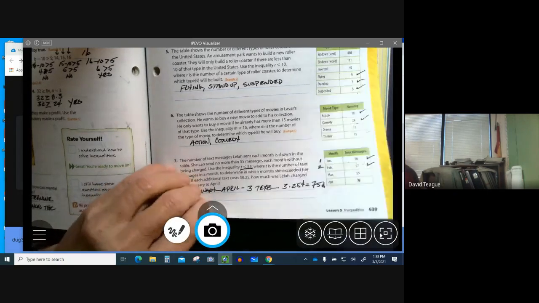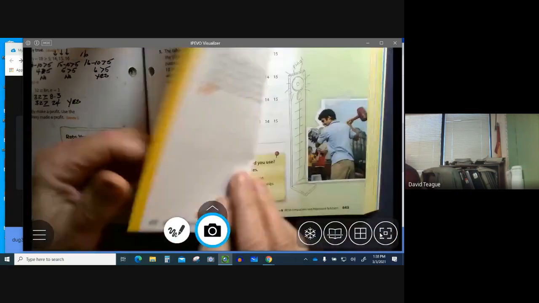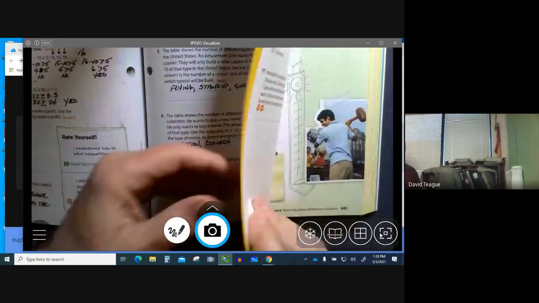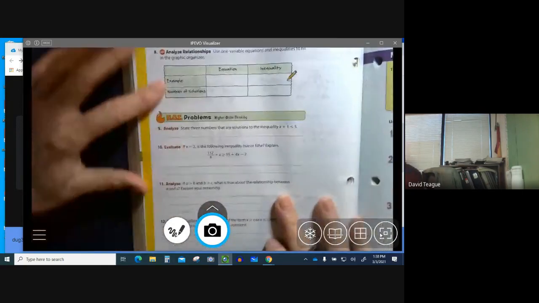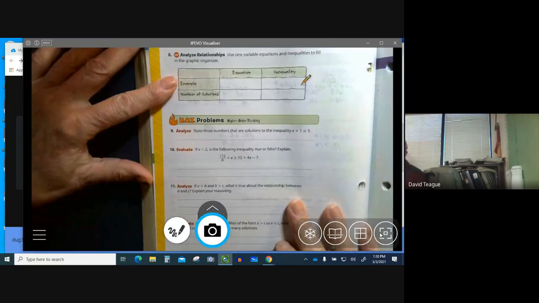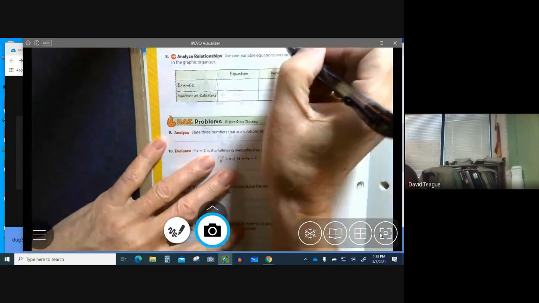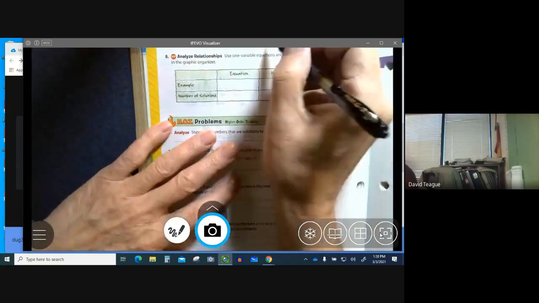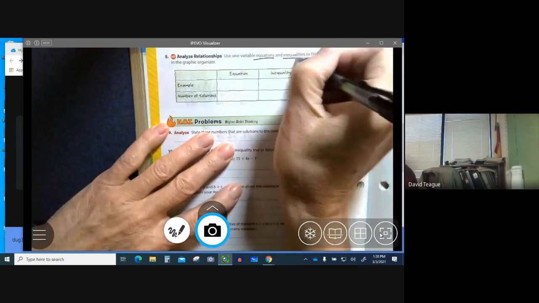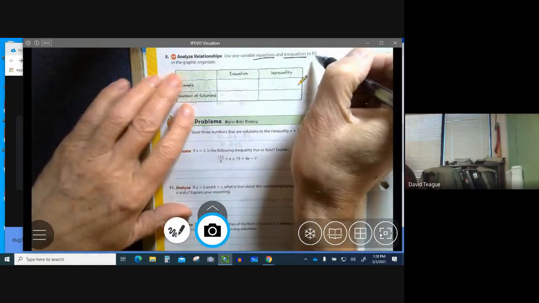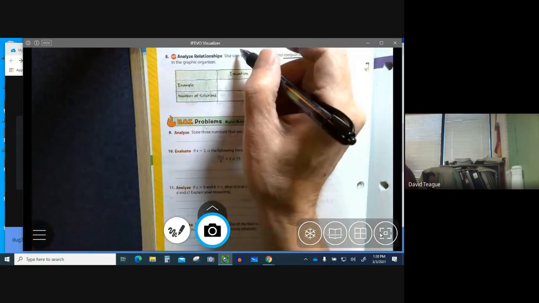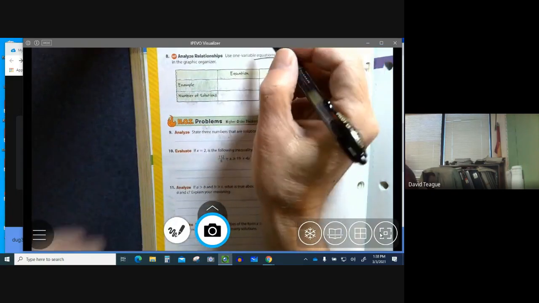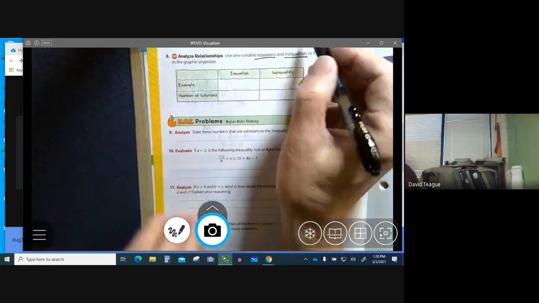Okay, let's turn to page 640. Okay, so analyze relationships. Use one variable equations and inequalities to fill in the graphic organizer. So one variable means that you have one letter. It could be any letter you want, but that means you just have one letter.